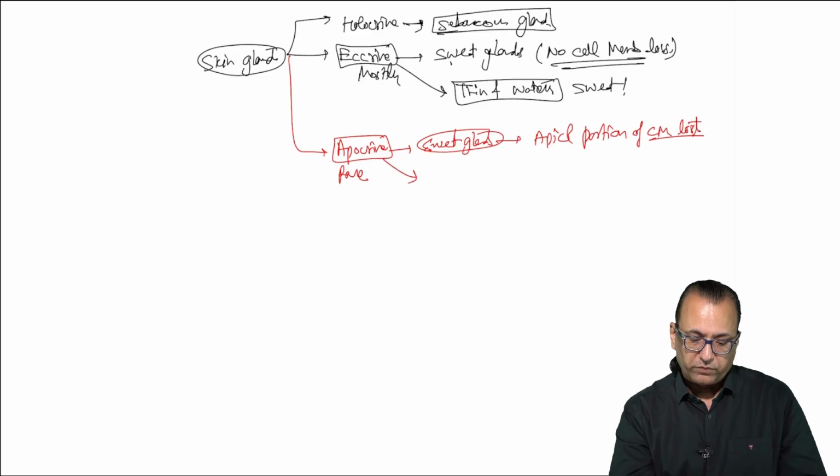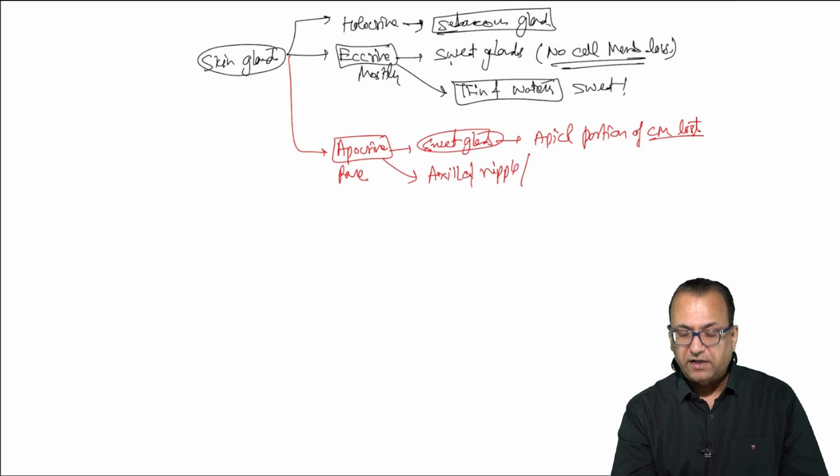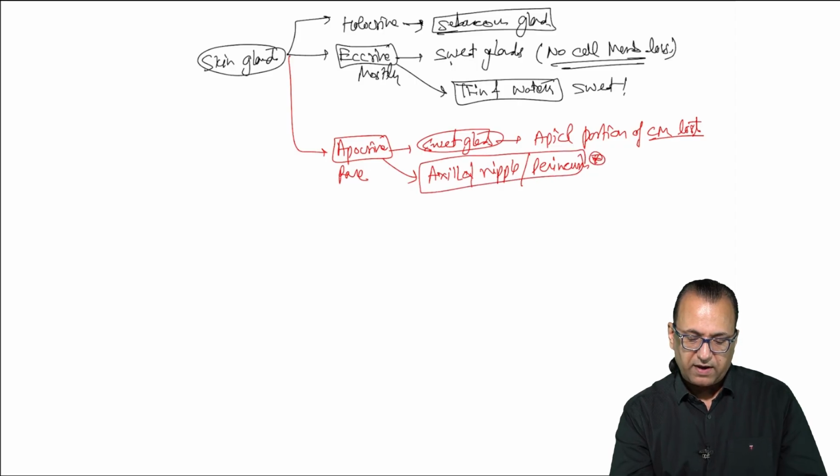Apocrine glands can be in the axilla, around the nipple, perinipple area, in the genital area, perineum area, around the urethra, vagina, anal canal, where you have hair. It relates with hair because the secretions move into hair follicles, and the secretions are thick and viscous.